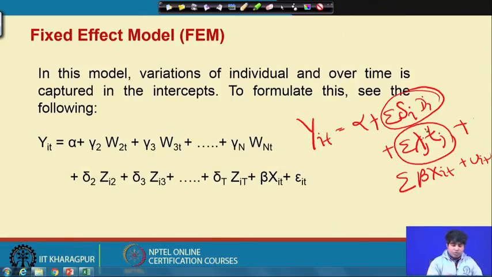Accordingly, we have classified here. This is the dependent variable and this is the original intercept, and then these, gamma2 w2, gamma3 w3, are all called cross sectional dummies, and these, delta2 z2, delta3 z3, are all called time series dummies.